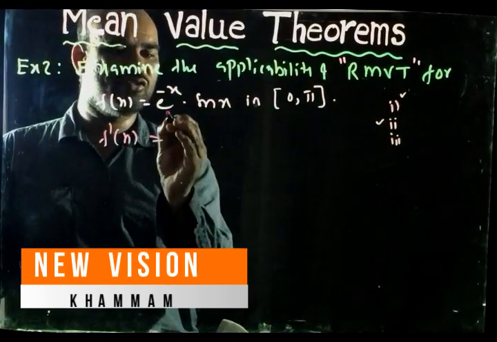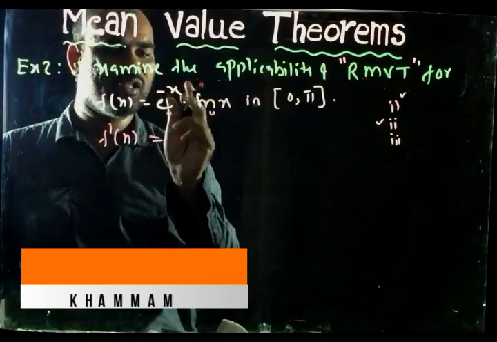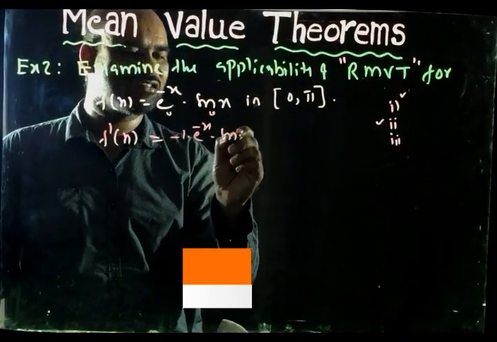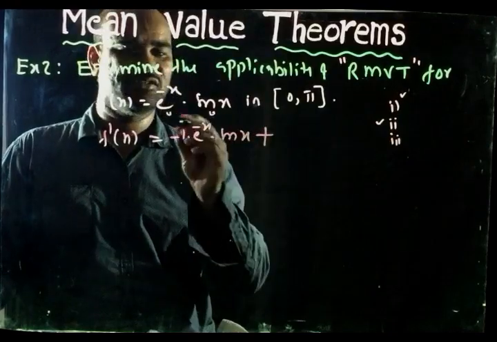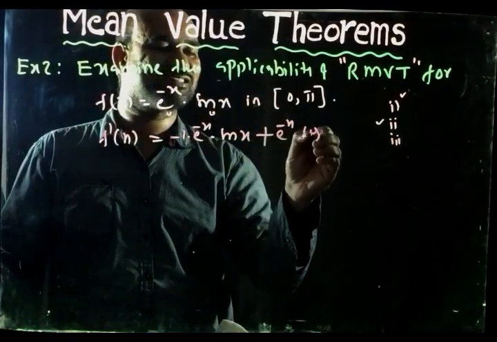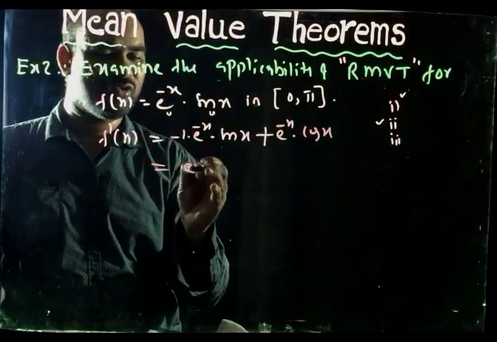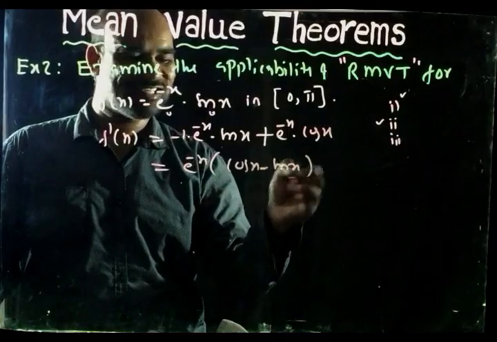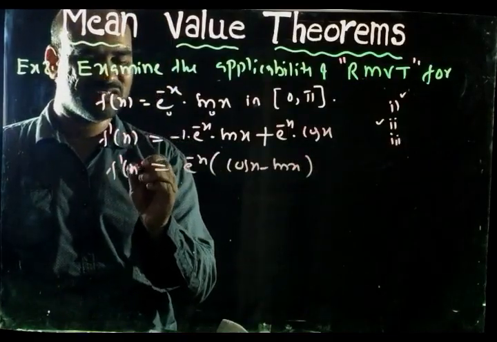I'm finding f dash of x using the UV form. It is minus 1 into e power minus x sin x plus e power minus x into cos x. So here I can take e power minus x common, so cos x minus sin x. This is f dash of x.